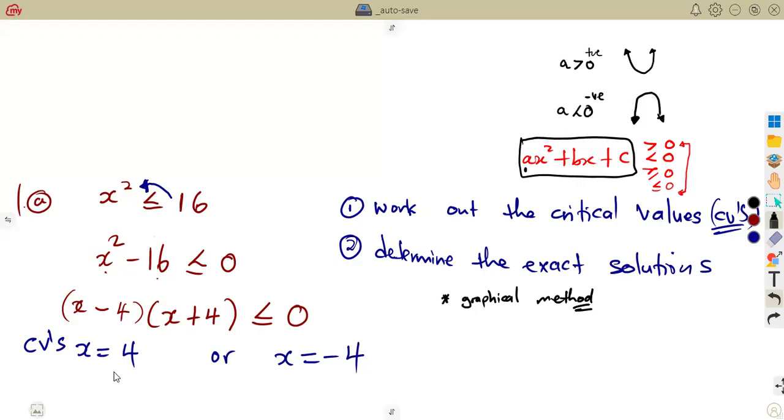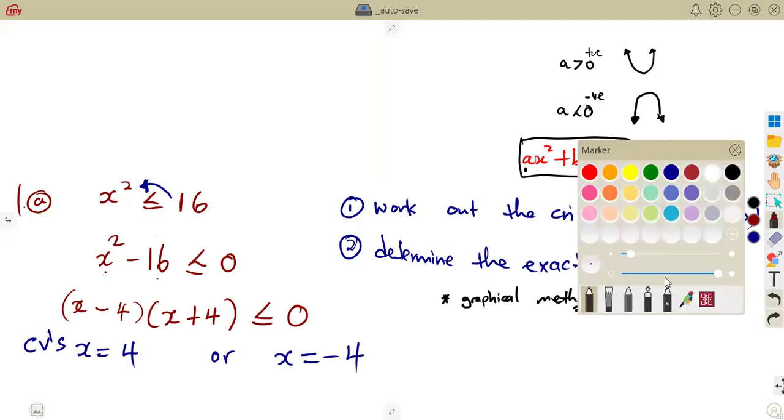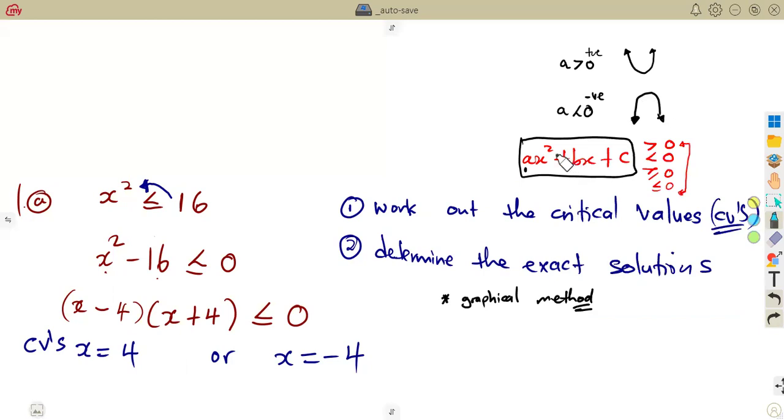So remember, these are the critical values, which are the solutions to the function when you are to present this. If we are to consider the part of ax squared plus bx compared to 0, this is exactly what we have here when we are on this part. x squared minus 16 is less than or equal to 0. This is what we are given.